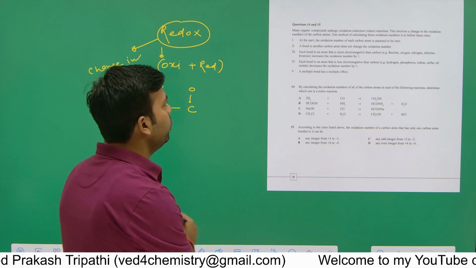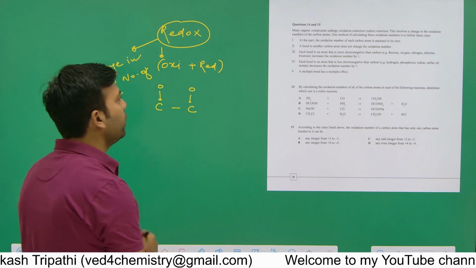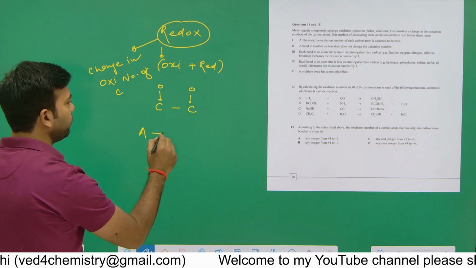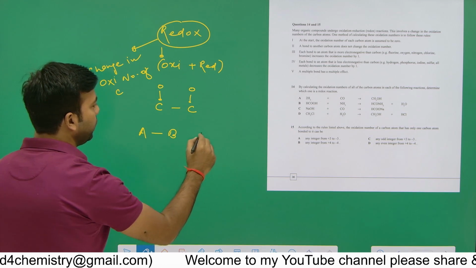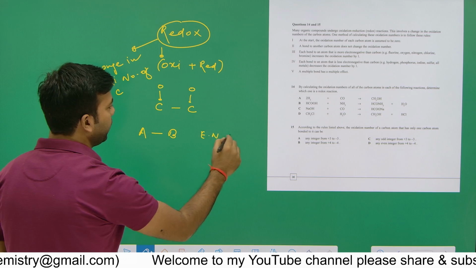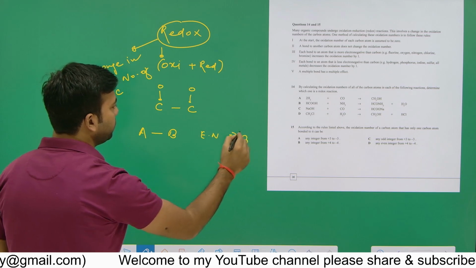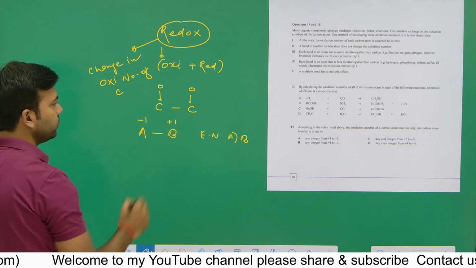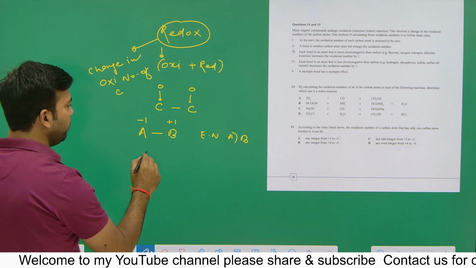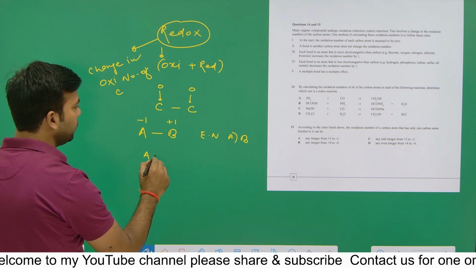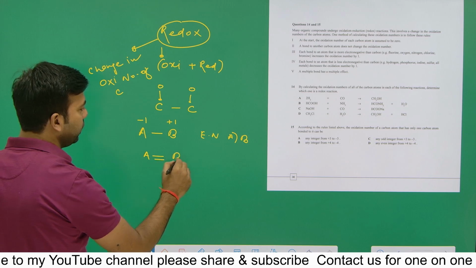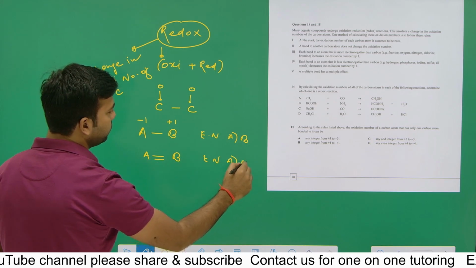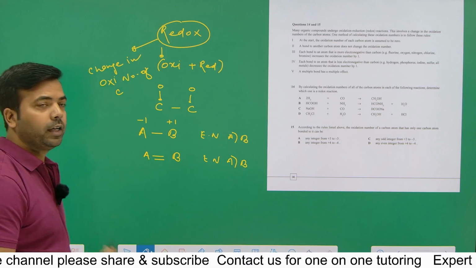Each bond to an atom that is more electronegative than carbon. So look at here. Suppose you have an A-B bond and I am saying the electronegativity of A is greater than B. Okay, so A will be -1, B will be +1. Suppose we have A double bond B, and again electronegativity of A is greater than B. So multiple bonds have multiple effects.